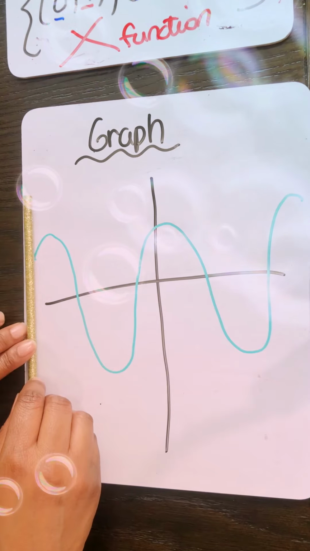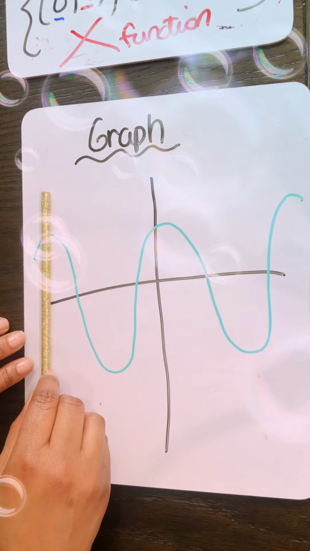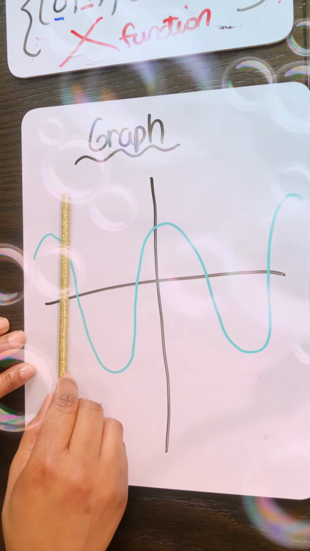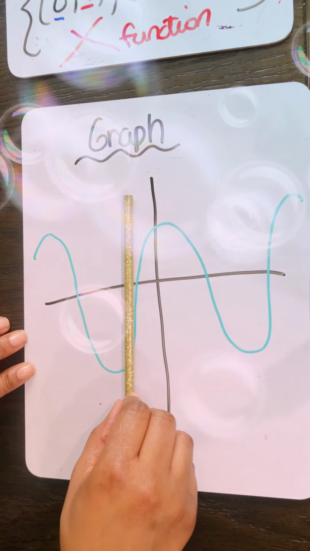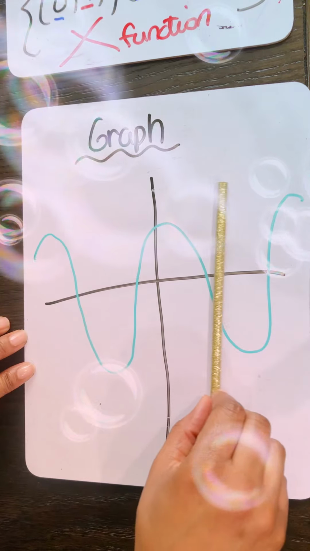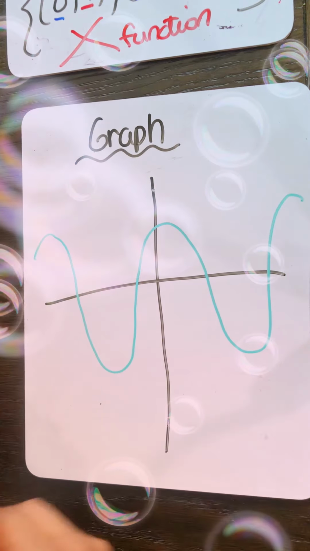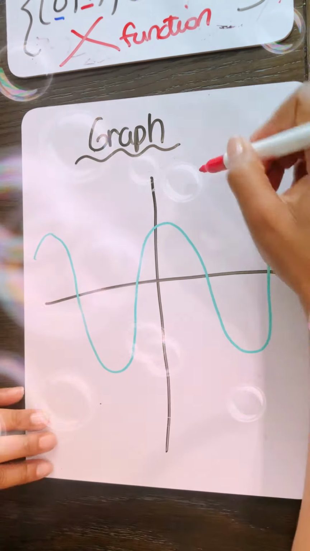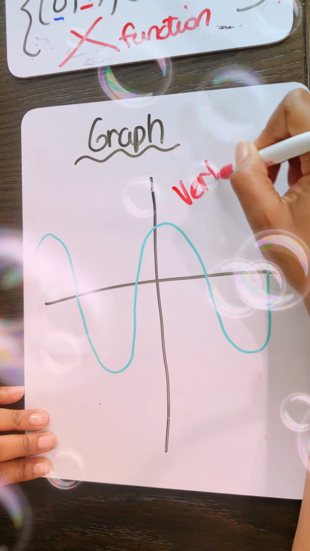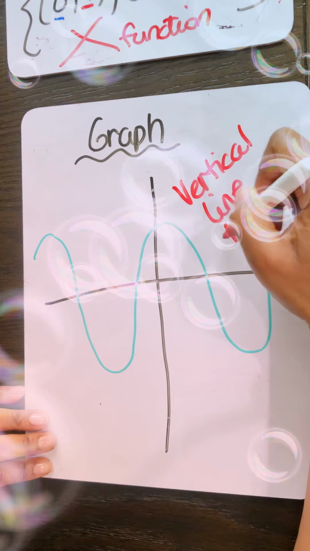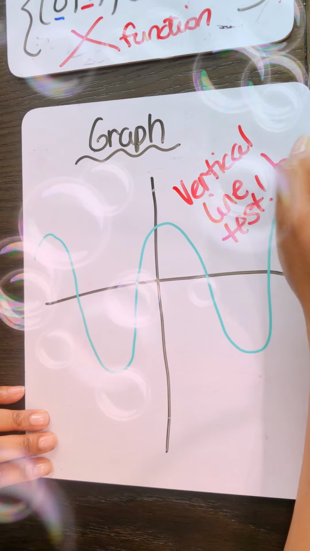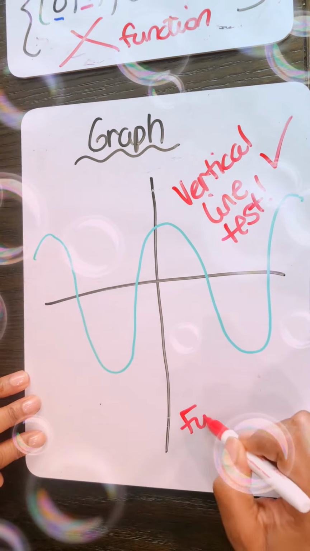So if I'm starting here and I'm rolling, only hitting it once, once, once, all the way through until we get to the end of our graph. And so once again, it has passed the vertical line test. It passed, so that means it is a function.